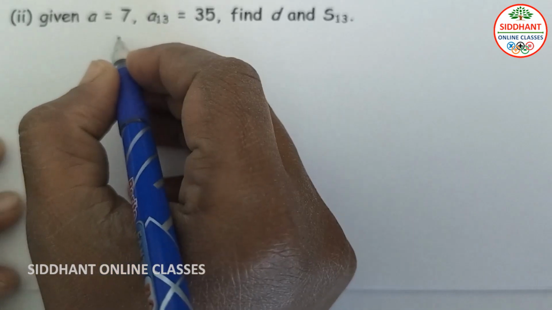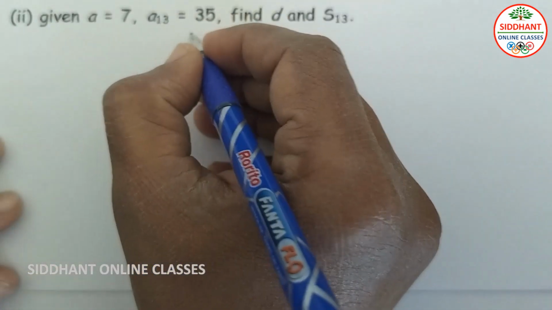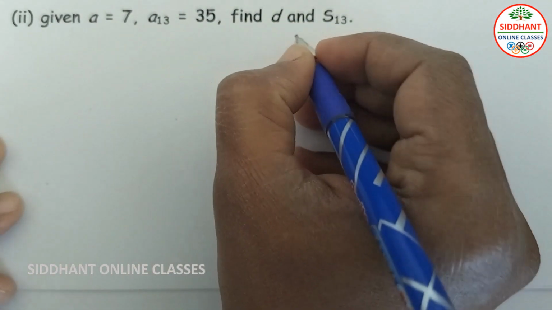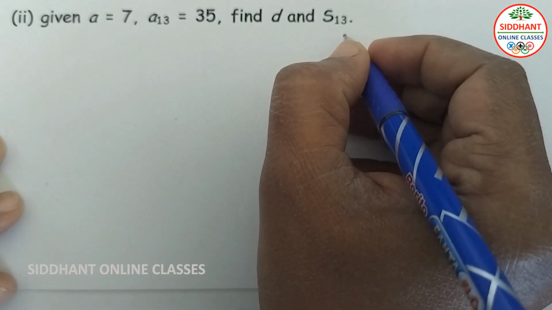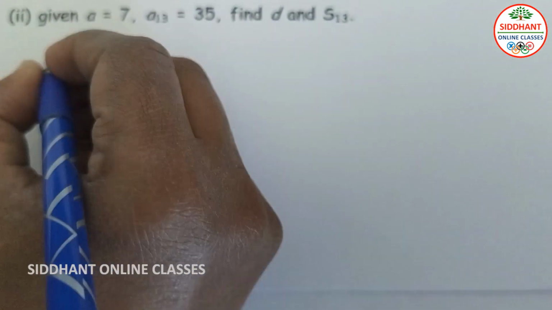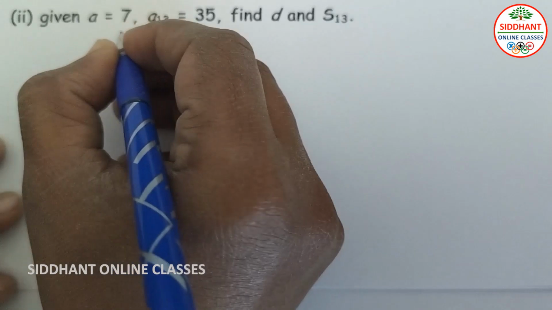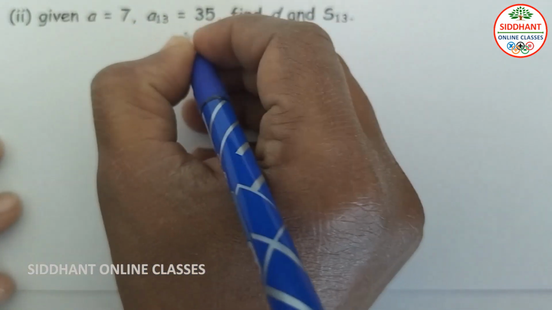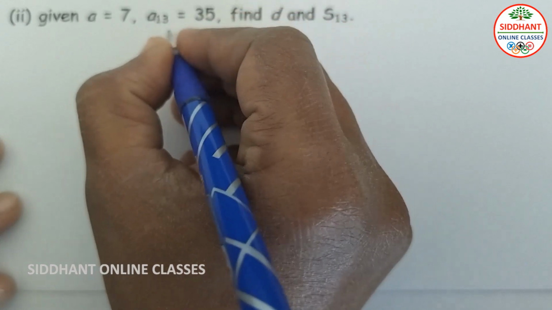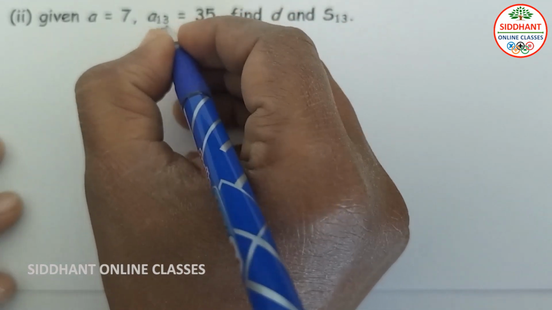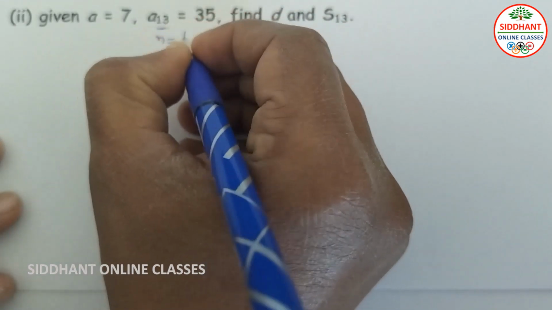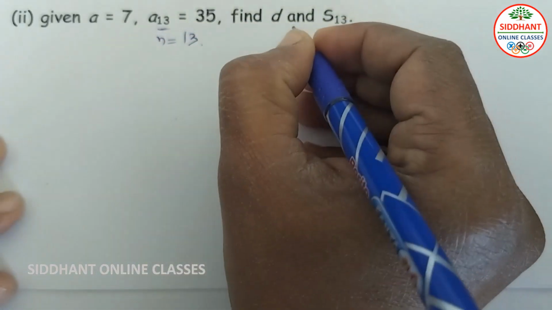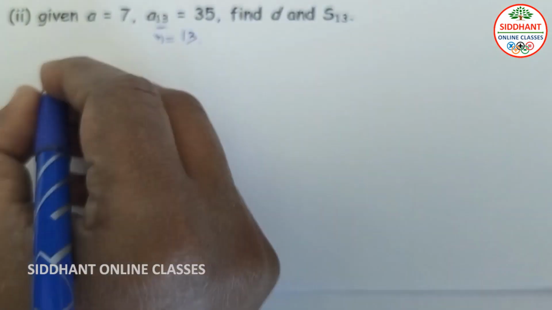Second one: given a is 7, a13 equal to 35, find d and s13. So here a13 is the l value, 35, and n is 13. We are going to find d and the sum.